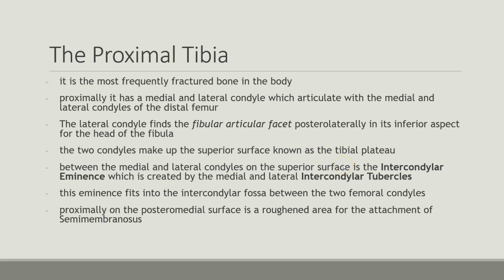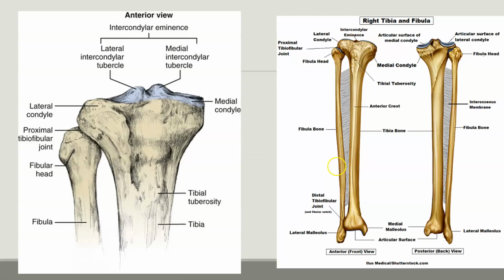If you look at the two condyles in comparison to the distal femur, the femoral condyles are quite convex in nature, and yet the proximal tibia is actually a shelf. It's like a tabletop. It's quite flat. It's not that concave to accept the convexity of the distal femur.